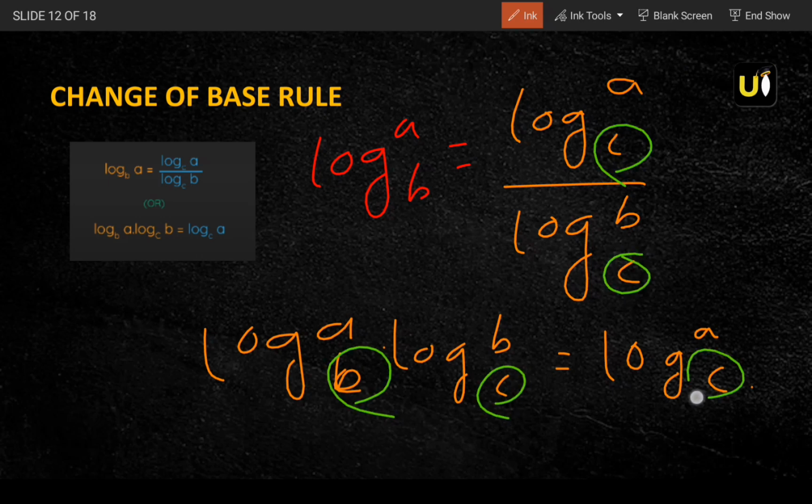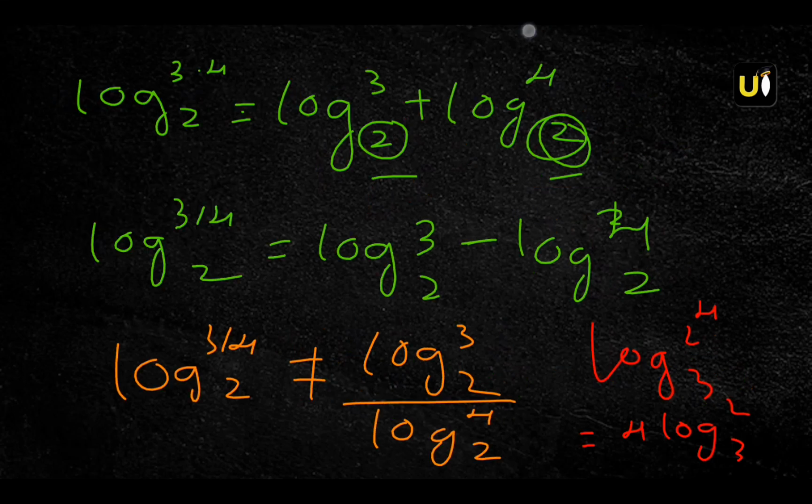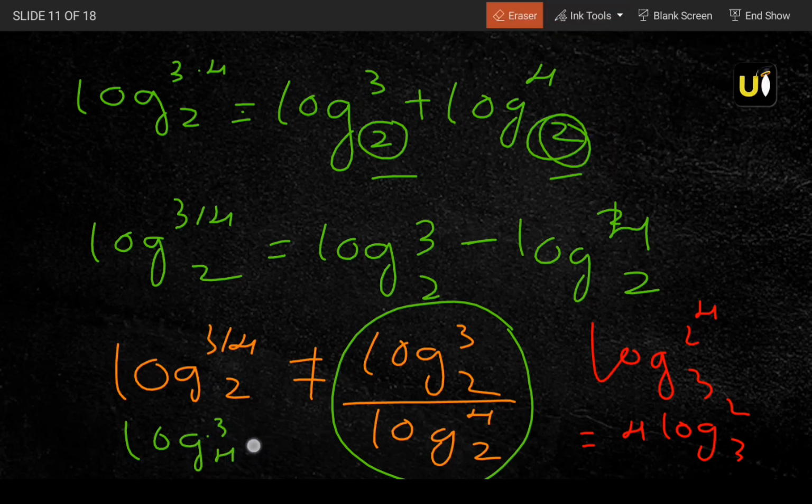See here, log a to the base b can be written as log a to the base c by log b to the base c. Here the bases must be the same, and this is something different from what I told you previously. This can be written in this form when you are given log 3 to the base 4, but not in the case of this.